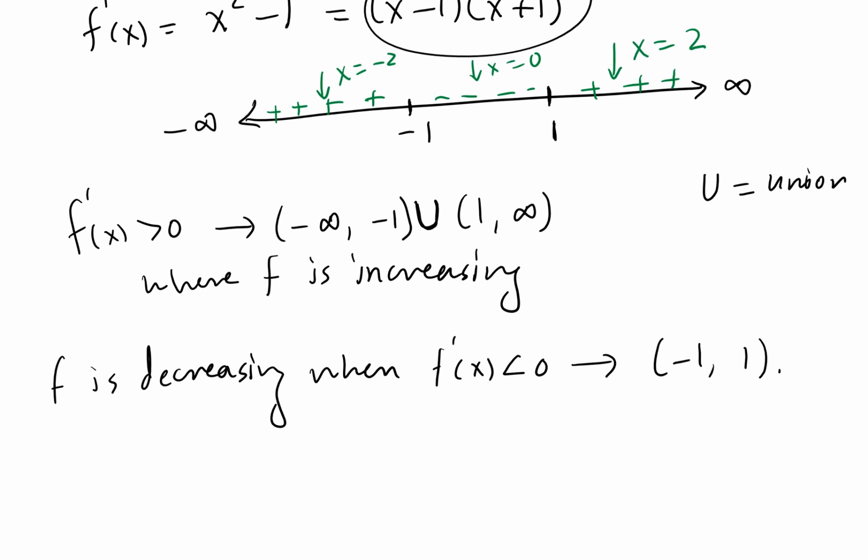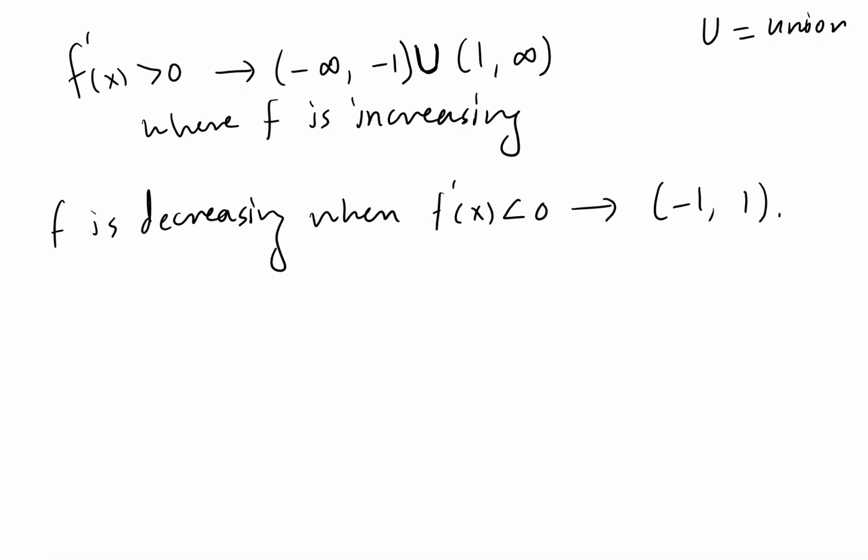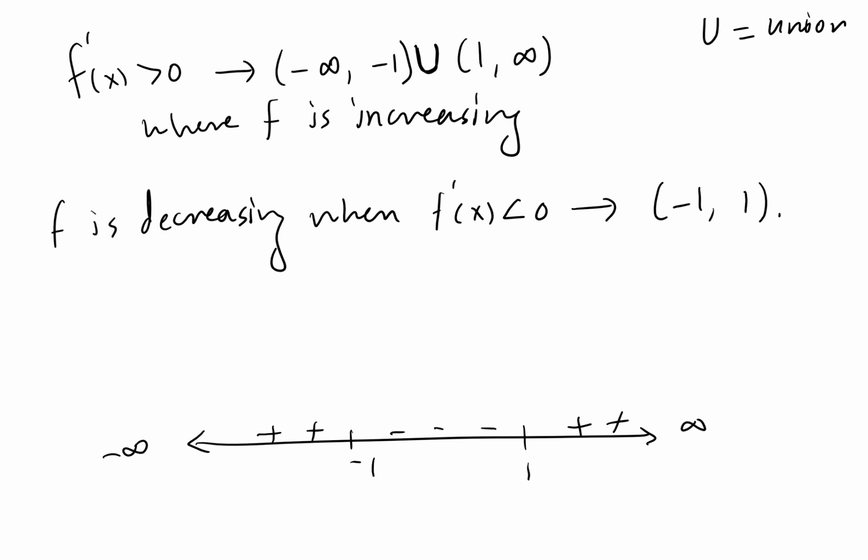And graphically, what it means, if I redraw the line that I just constructed: plus, minus, plus. So the graph would look like it's increasing, then after this point it is decreasing, then increasing at that point. That's how the graph would look.